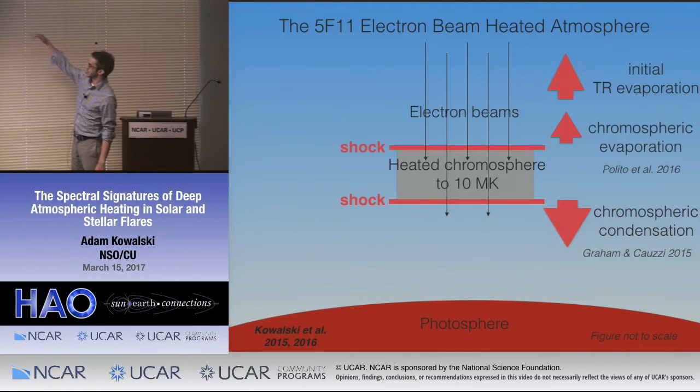The upper shock draws material up into the loop, so that's the evaporation. And the lower shock draws material downwards and compresses the lower atmosphere, which is referred to as chromospheric condensation. These terms, evaporation and condensation, have been used in flare modeling for decades, since George Fisher et al.'s models in the 80s, and even earlier than that.